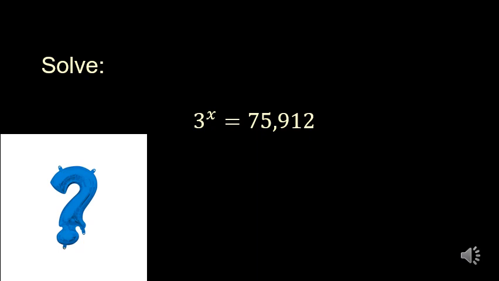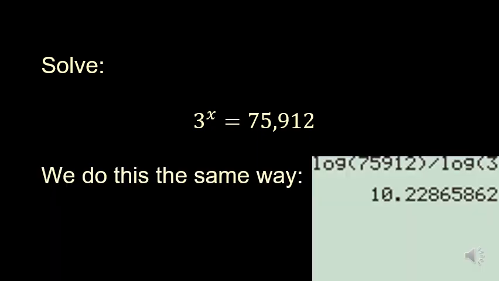That's because this is actually the exact same problem as log base 3 of 75,912. And so we solve it exactly the same way we would that one. Again, all I do is just divide the two logarithms, log of 75,912 divided by log 3. And here my answer is going to be 10.23.